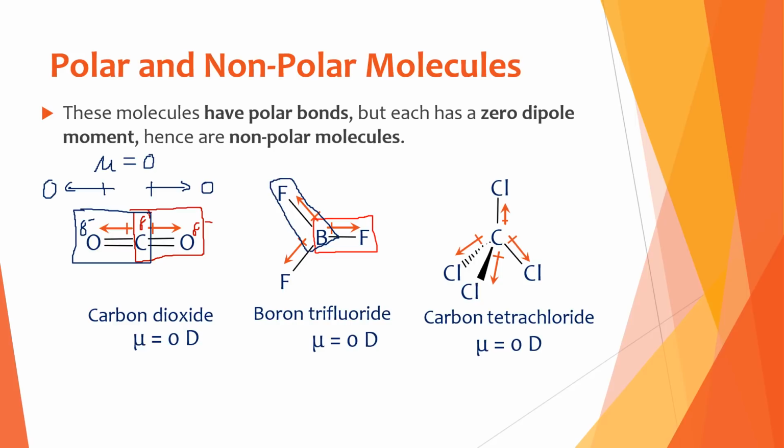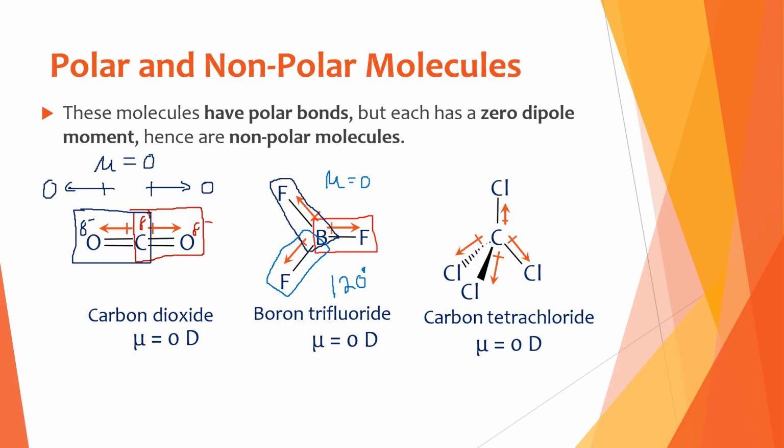When you have determined whether the bond is polar or not, use the molecular shape to determine whether the molecule is polar or nonpolar. As you know, for trigonal planar, the bond angle for each bond is 120 degrees. So this will make the dipole moments cancel out each other. So the dipole moment will equal 0.